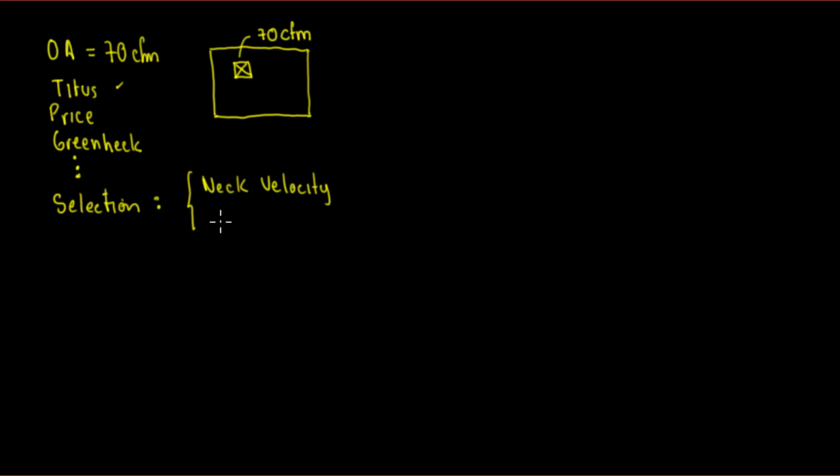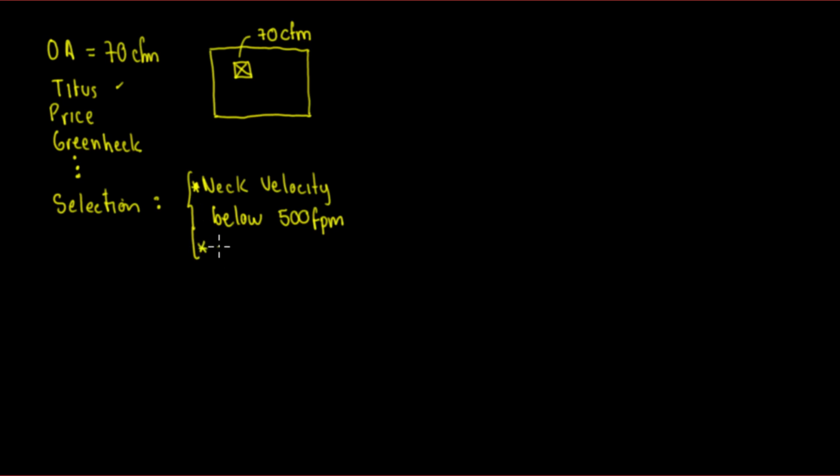That's a good starting point for the selection if we want a quiet selection based on NC ratings. So the neck velocity should be below 500 FPM. And also we need to consider the NC ratings.